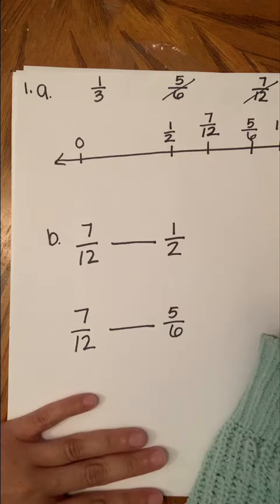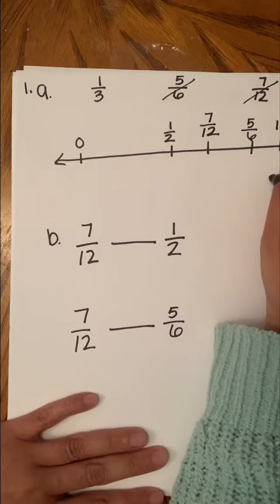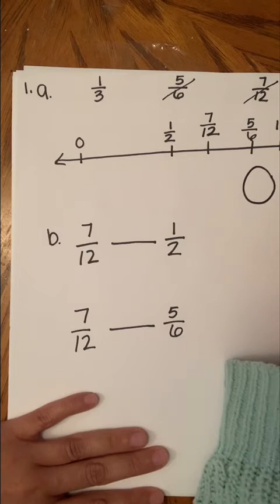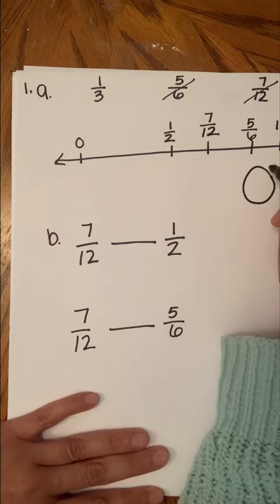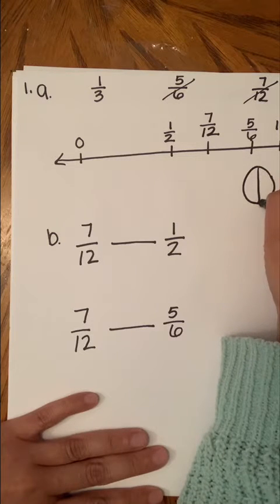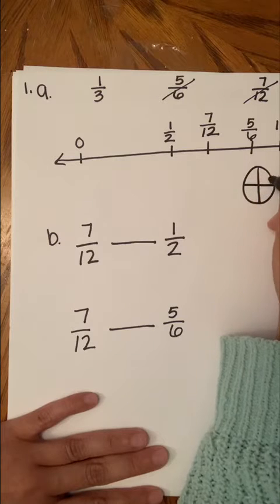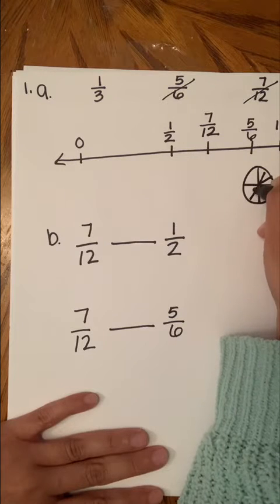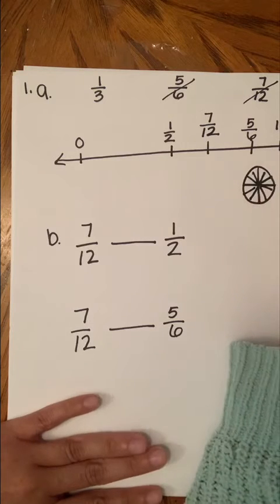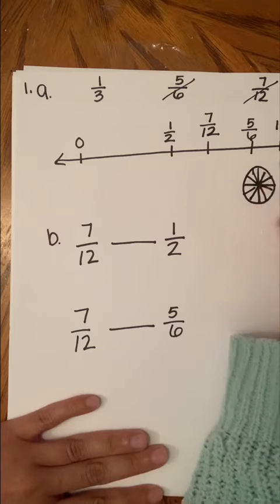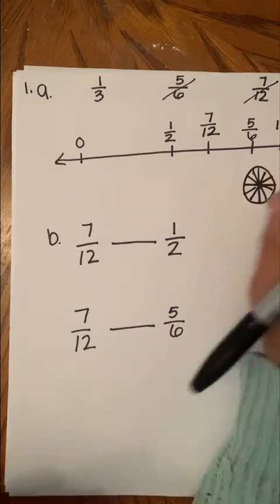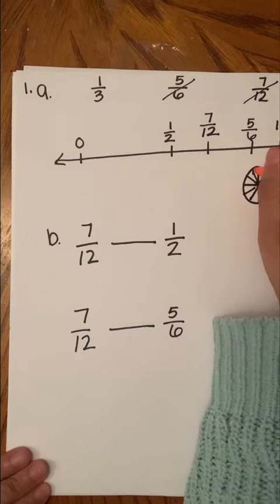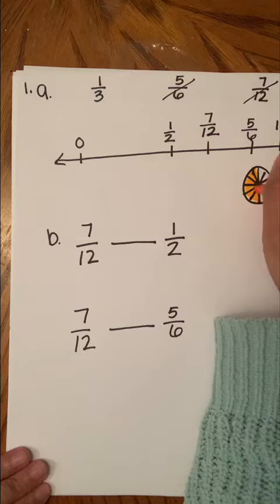If you have a cookie and I cut the cookie into 12 parts, and I tell you half of it is 6, right?